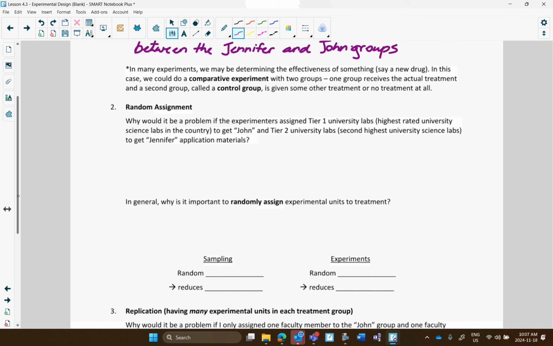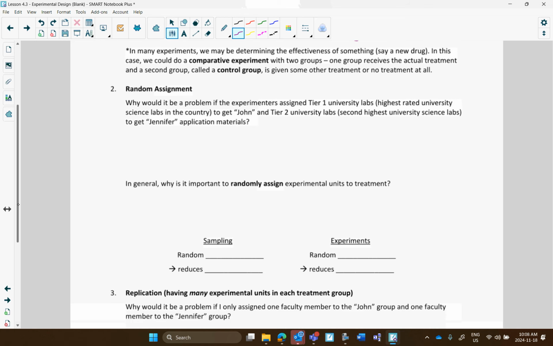That's confounding, right? Because then we can't tell: is it gender bias, or is it because of the difference in the two universities? So random assignment.